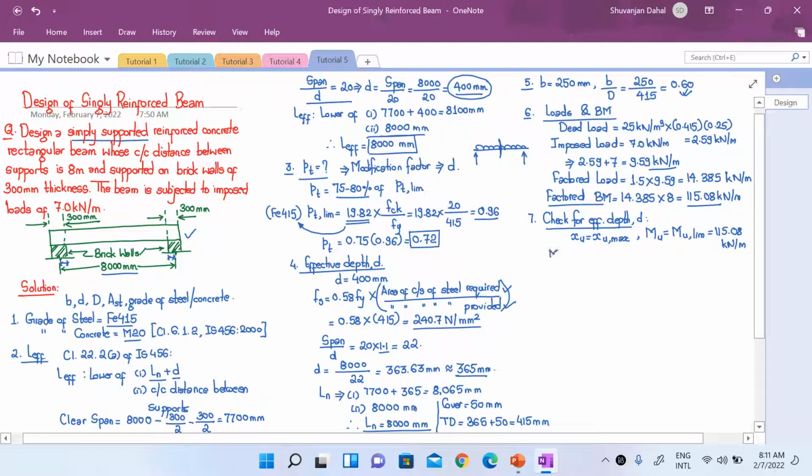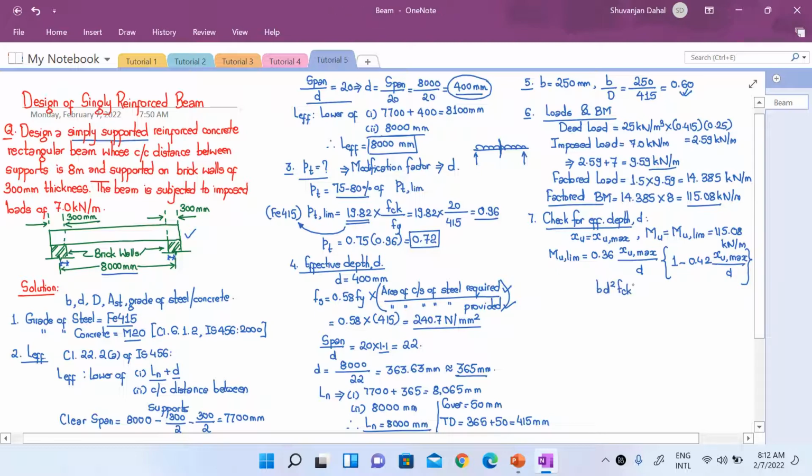So our formula is Mu limiting is given by 0.36 xu max over d into 1 minus 0.42 xu max over d into b d square fck.